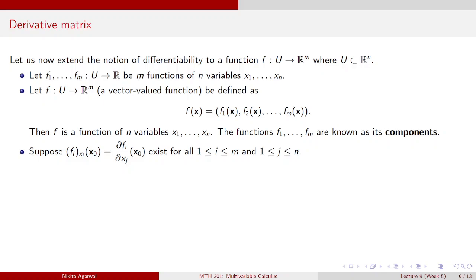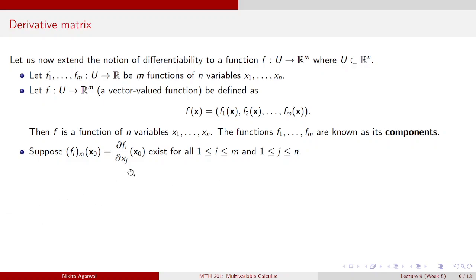So suppose you're given a point x naught in U and you compute all these partial derivatives. So for each fi, where i goes from 1 through m, you have n partial derivatives with respect to each of the variables x1 through xn, right?